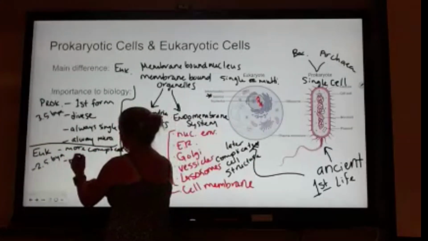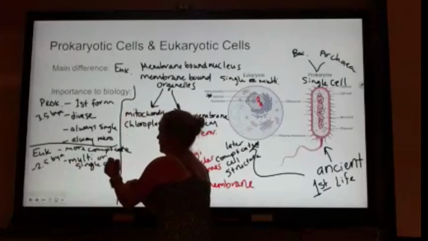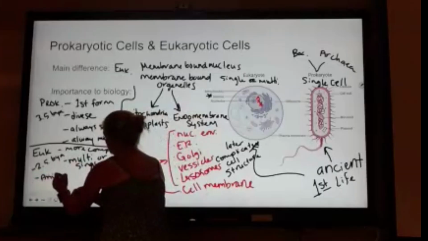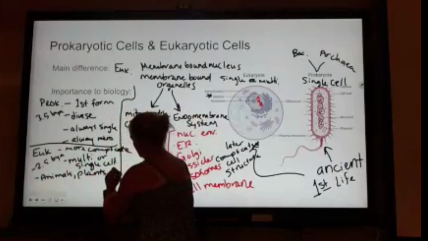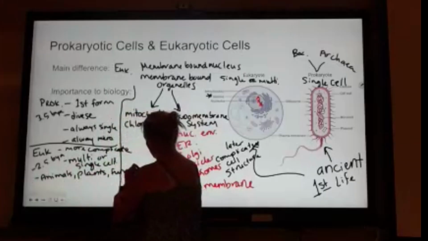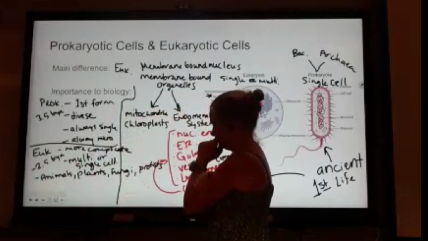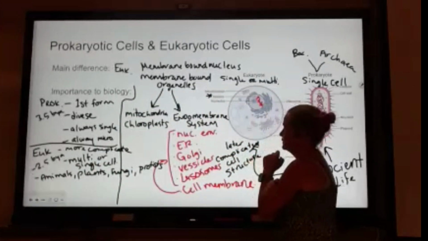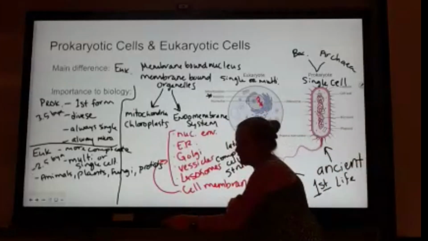Again, can be multicellular. These include organisms like animals, plants, fungi, and protists. Again, defined by the membrane-bound nucleus.